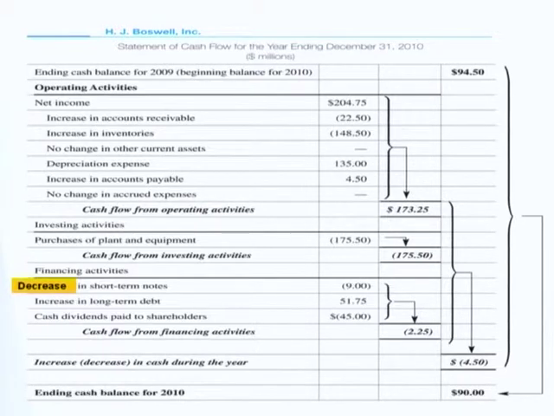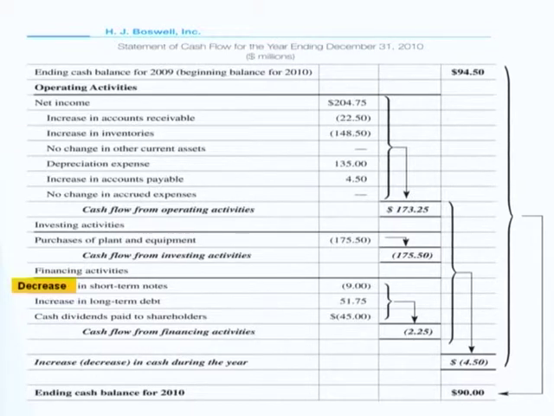Dividend payment will be equal to net income minus the change in retained earnings. So this is the dividend that you pay. 45 means use of cash. Sum it up, you get cash flow from financing activities of 2.25.